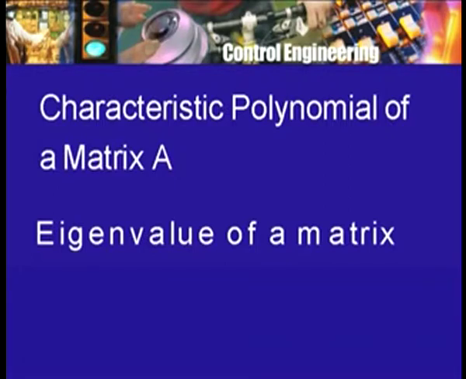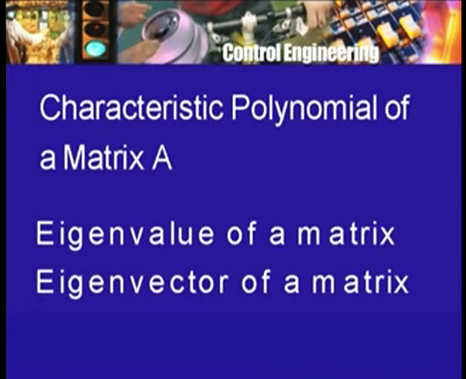So, it is called the eigenvalue or characteristic value of the matrix A, and there is also associated with the characteristic value the corresponding eigenvector or characteristic vector. I will give you the definition only. I will not go through how one can introduce this concept and how one can use it.